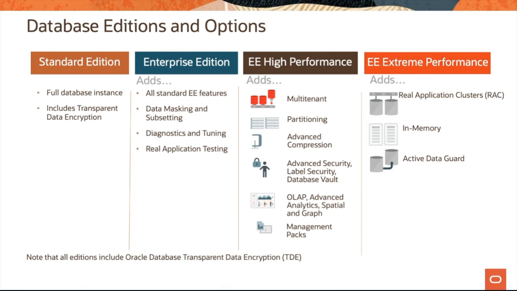And for customers that are used to deploying Oracle Database Enterprise Edition on premises, you are probably aware that you need to license the additional Enterprise Manager packs like data masking and subsetting, diagnostics and tuning, real application testing separately before you start using it on premises.